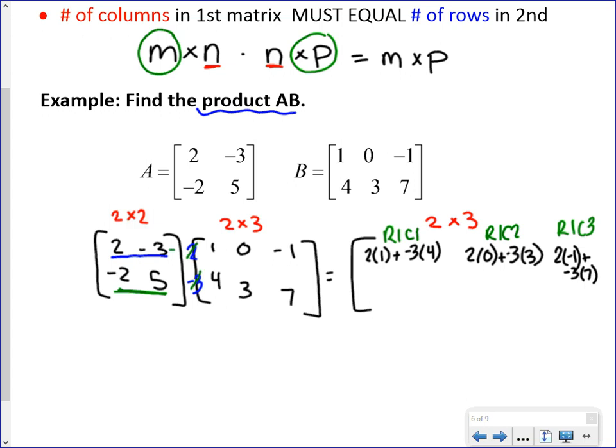So I'm going to do -2 and 5 out here, and then we multiply it by each of the columns. So that would be -2 times 1 plus 5 times 4. That would be -2 times 0 plus 5 times 3. And then -2 times -1 plus 5 times 7.